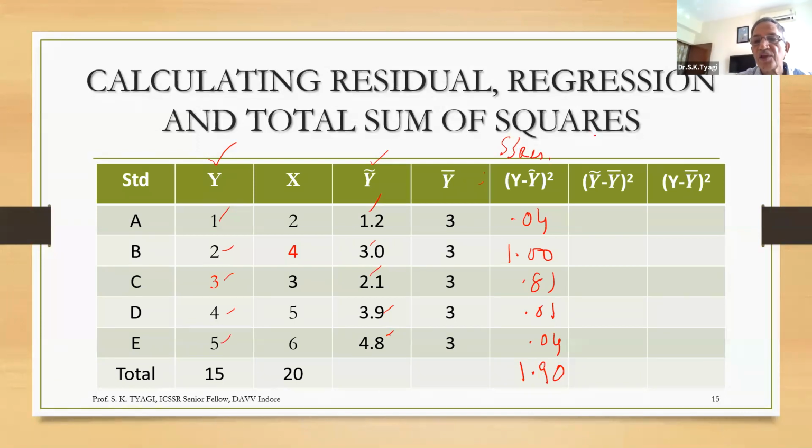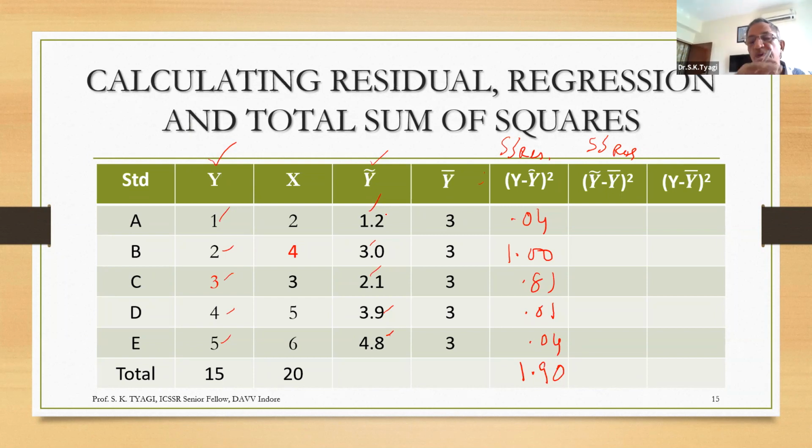Now we calculate SS regression. We are predicting this, and we see how far this prediction is from the mean. When there is no prediction, we can assume the predicted value is the mean. If we are far away from the mean, that means our regression is significant.